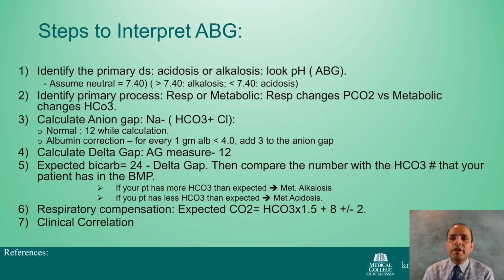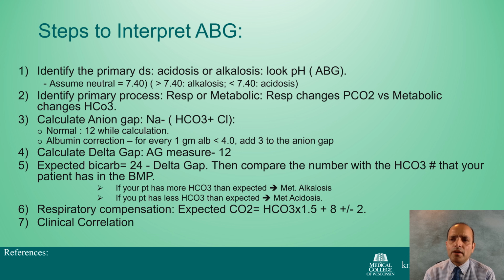If the patient's BMP bicarbonate is lower than what you expect, then the lower bicarbonate is metabolic acidosis. So that's how you calculate metabolic disorders, whether the patient has metabolic acidosis or metabolic alkalosis.